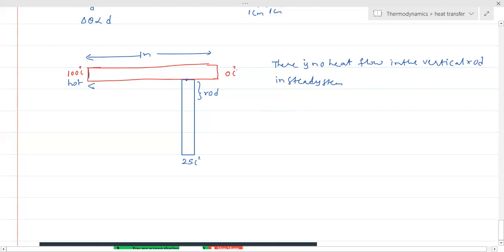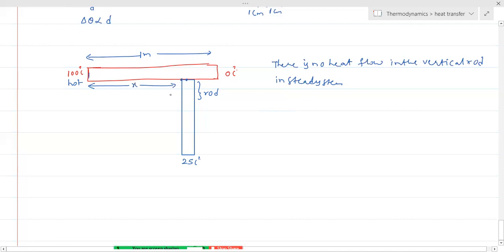Suppose this length is x. We need to find the position where we keep the vertical rod with respect to the horizontal rod. When the total is 1 meter and this is x, automatically the other length is 1 minus x. The question clearly states steady state, so the total system is in steady state.